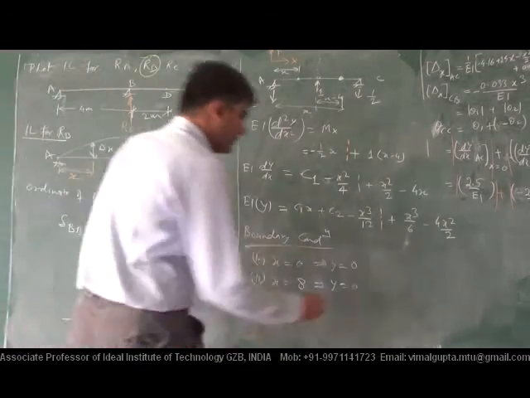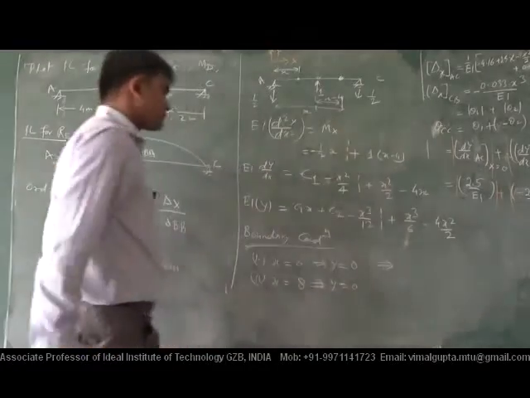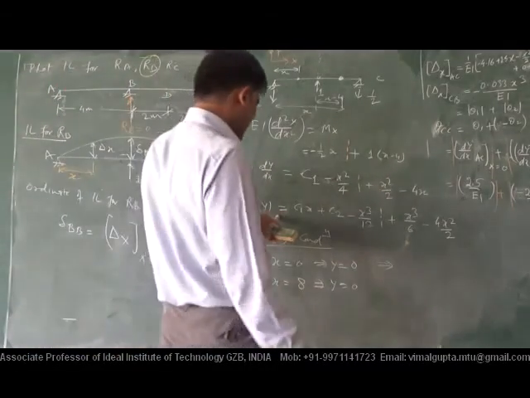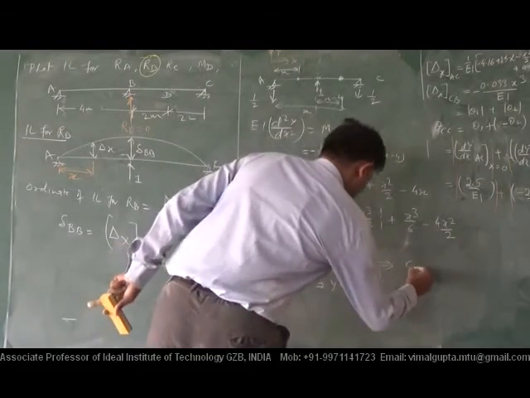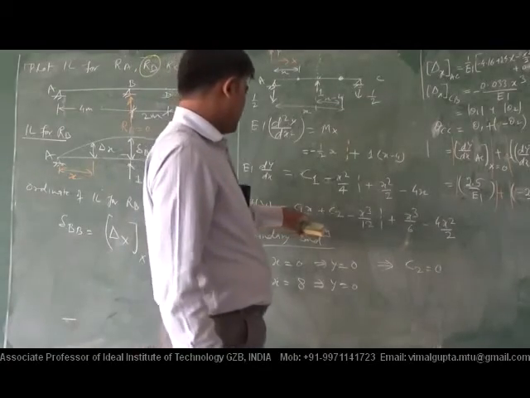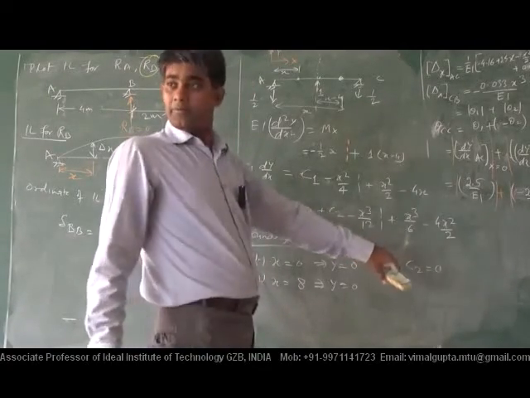If you use this, then the value of C2 is 0. Okay, let me check. This one is 0. Yes, it is 0.